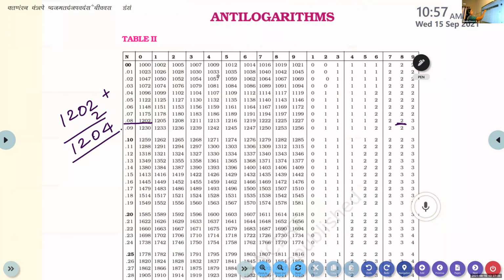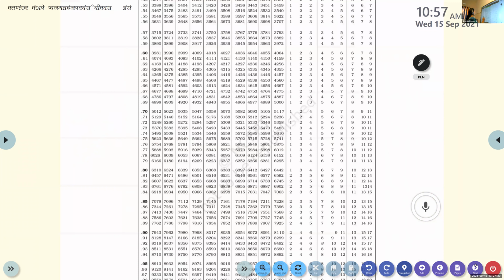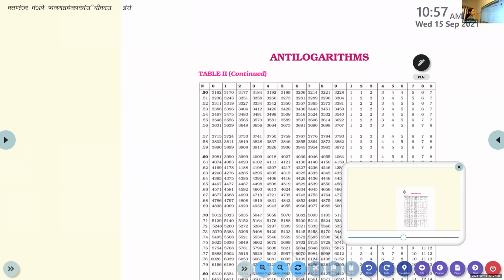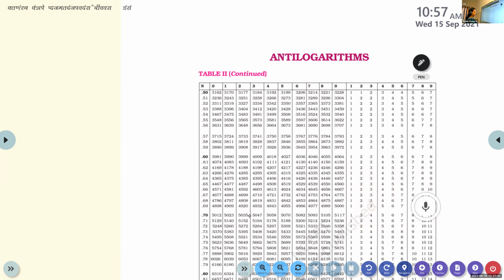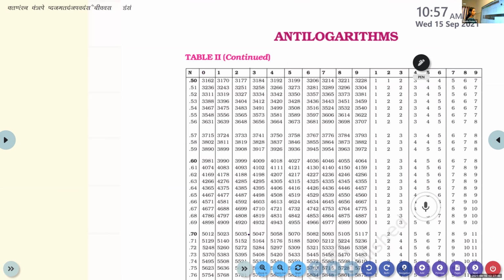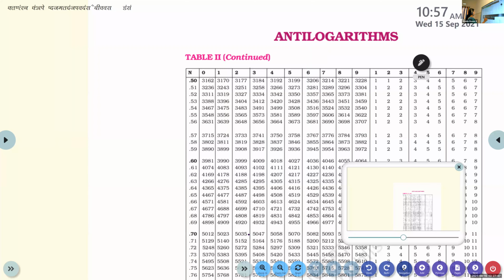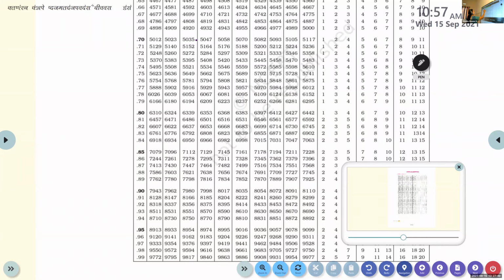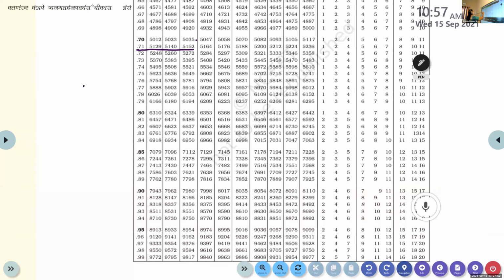Antilog table. Is it antilog? Yes. 7120. So 5152. The 0 you can leave. Is it 5152?